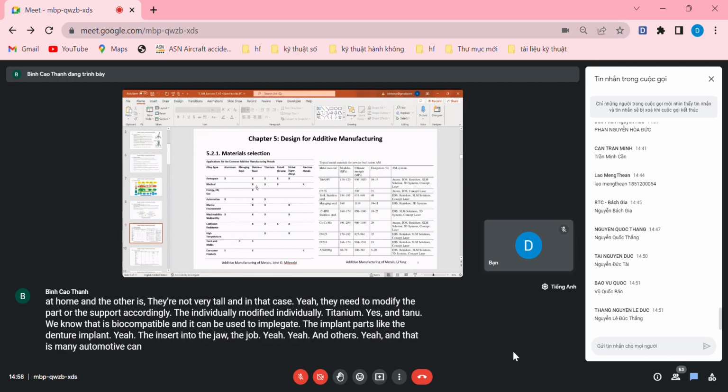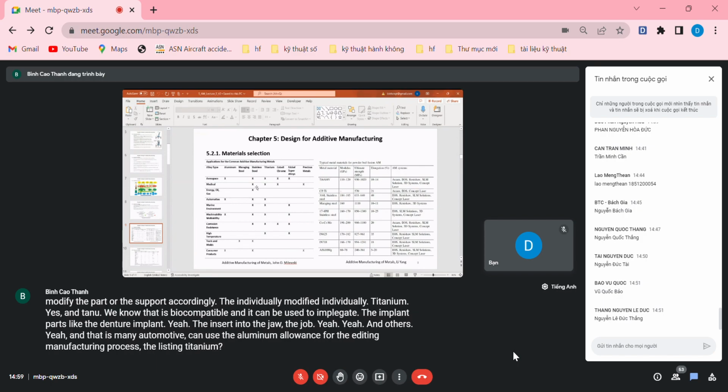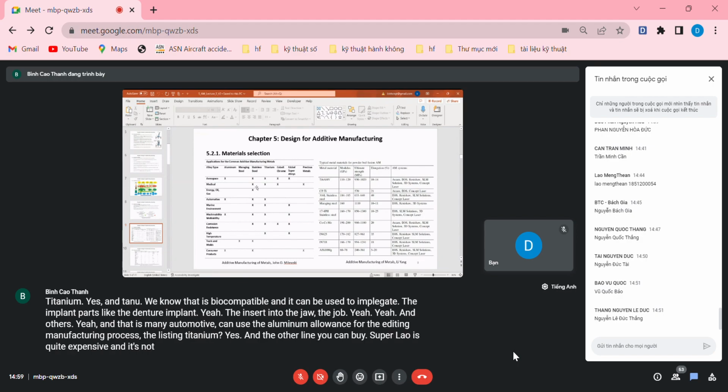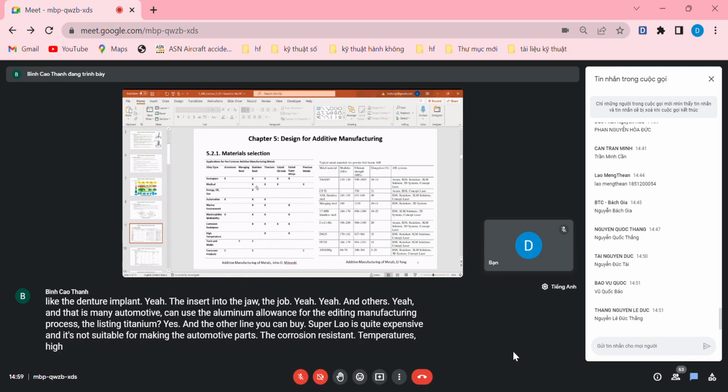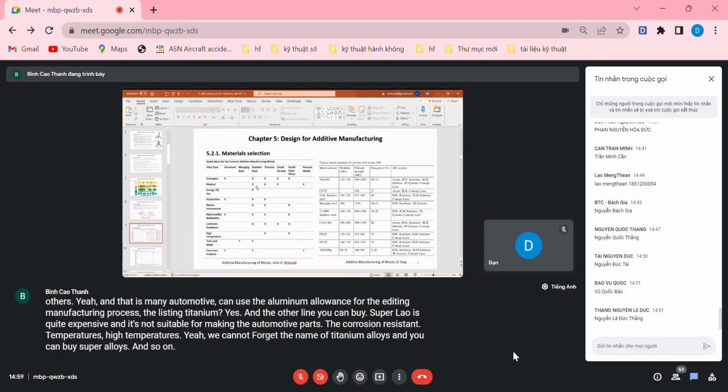Automotive can use aluminum alloys for the additive manufacturing process, and stainless steel and titanium. Others like nickel-based superalloy are quite expensive and not suitable for making automotive parts. For corrosion resistance and high temperatures, we cannot forget titanium alloys and nickel-based superalloys, and so on.